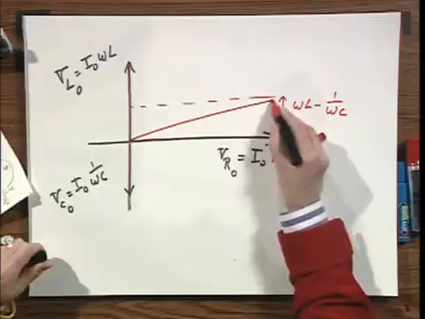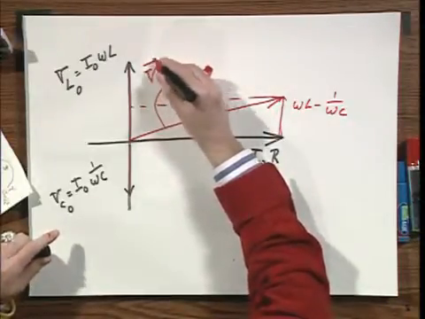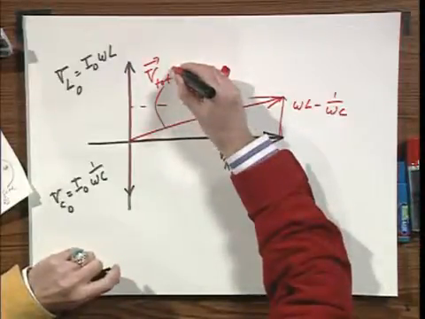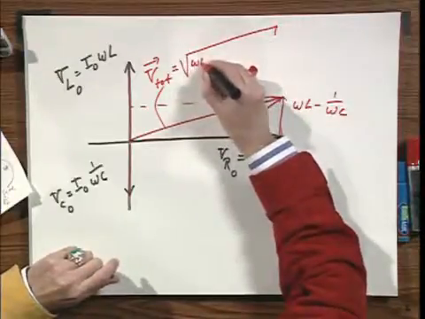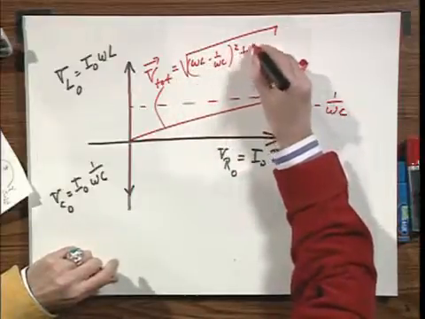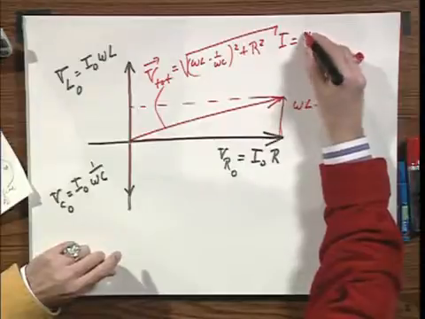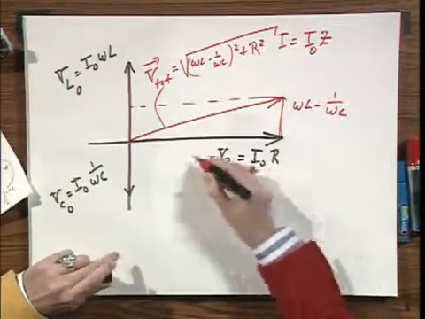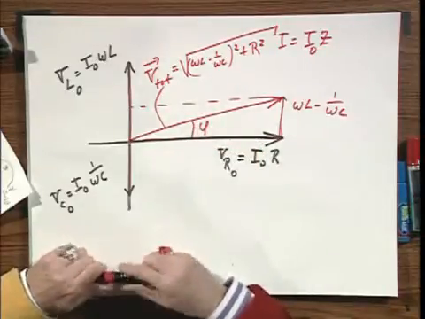And now I have here a vector, and this vector V, which is now the total voltage around the whole circuit, which equals the square root of omega L minus 1 over omega c squared plus R squared times I, which is I times Z. It's I0, because I have I0s everywhere. And here is that angle phi, the way I have defined it before.